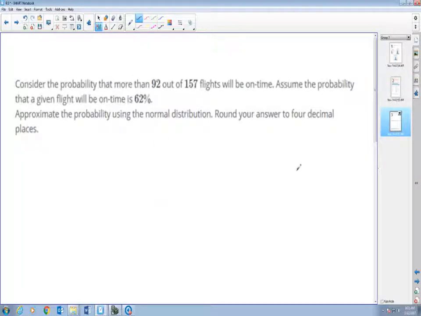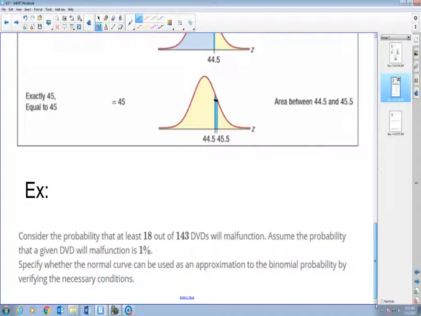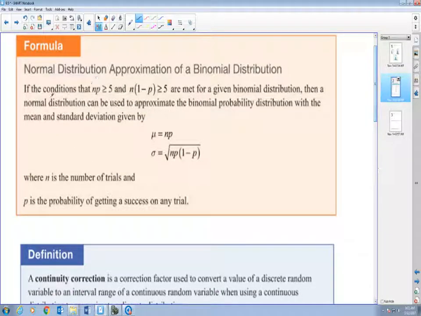Now for right now, I want to quickly do an example of the mean. Okay. And let's see if we can follow this formula. So the condition is n times p has to be bigger than or equal to 5, and n times q has to be bigger than or equal to 5, for us to use the normal distribution to approximate the binomial.